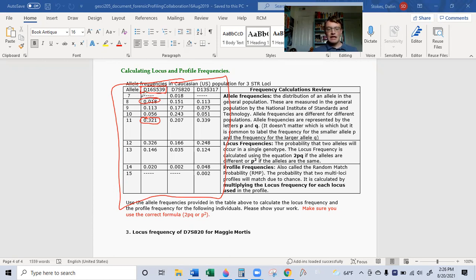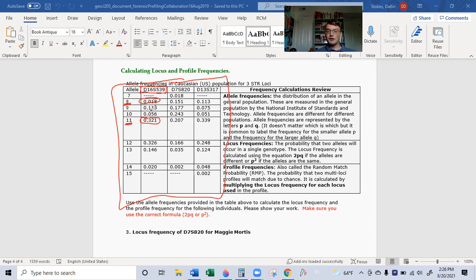So notice, the bigger the number is, the more common that allele is in the population. In this case, an 11 is more common than an 8. You're more likely to grab a person and have him have an 11 than an 8, because 32% is higher than 1.8%.